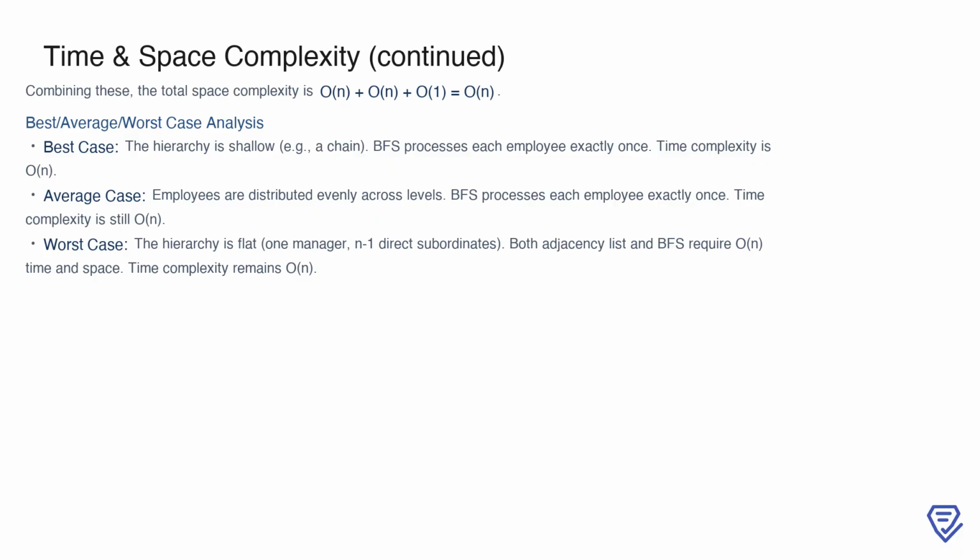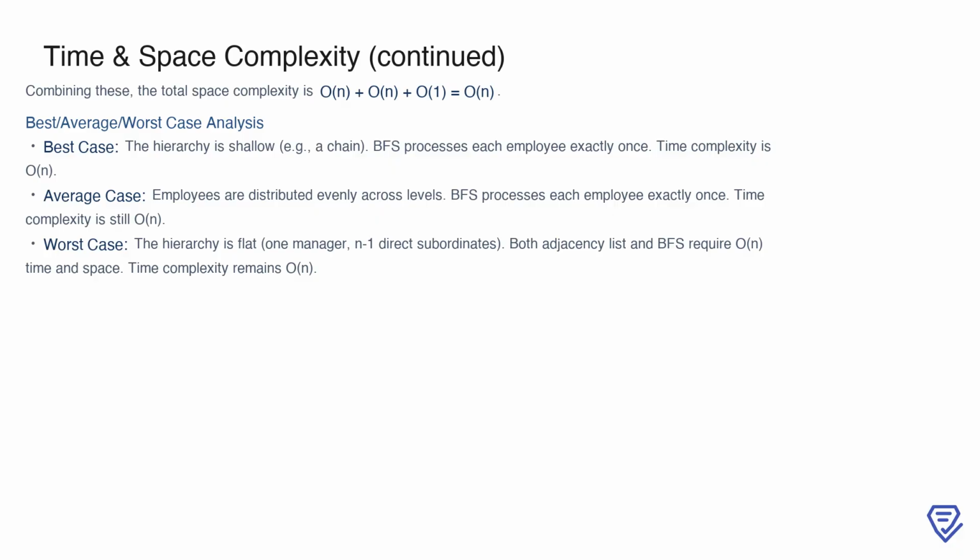To better understand the efficiency of our algorithm, let's analyze different scenarios. In the best-case scenario, the hierarchy is shallow, such as a simple chain where each employee has only one subordinate. Here, BFS processes each employee once, so the time complexity remains O(n). In an average-case scenario, employees are evenly distributed across multiple levels of the hierarchy.